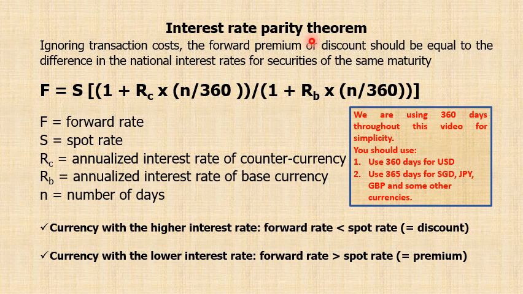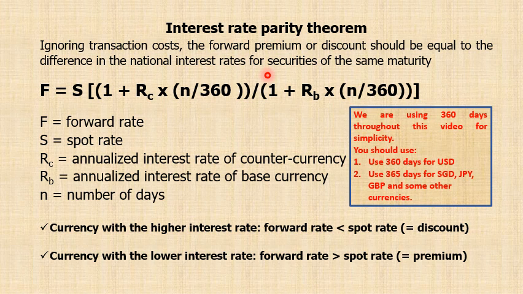The formula of the IRP is based on the theory that, ignoring transaction costs, the forward premium or discount should be equal to the difference in the national interest rates for securities of the same maturity. If the interest rate parity relationship is violated, arbitrageurs can make risk-free profits in the foreign exchange markets. Ultimately, their actions will force the forward and the spot exchange rates back into alignment with the IRP.